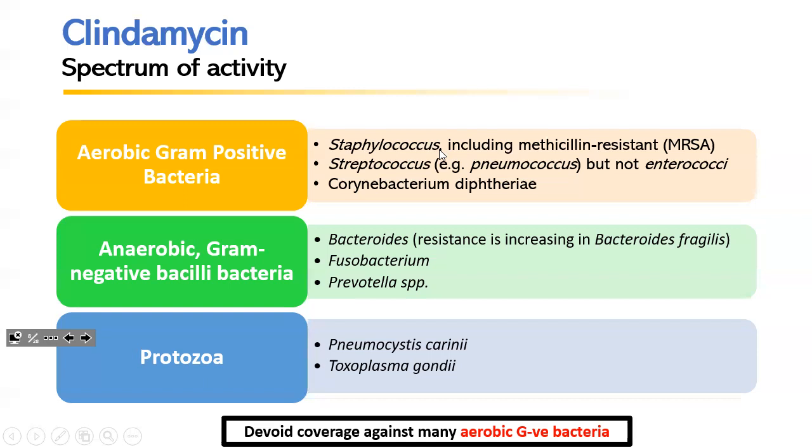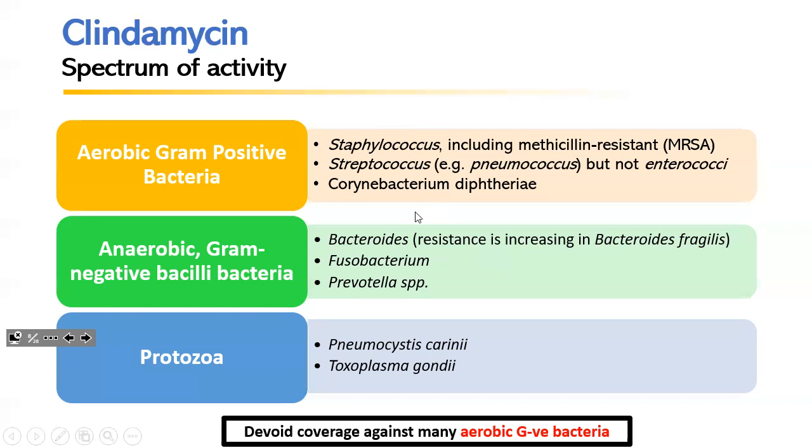So as soon as an agent covers the Bacteroides, which are actually the most abundant anaerobes in the colon, what do we suspect will develop if we eradicated the normal flora represented by the Bacteroides? Yes, C. diff. So clindamycin is flagged as the number one agent in its ability to provoke the development of C. diff. So many clinicians actually don't feel comfortable prescribing clindamycin in hospitalized patients.